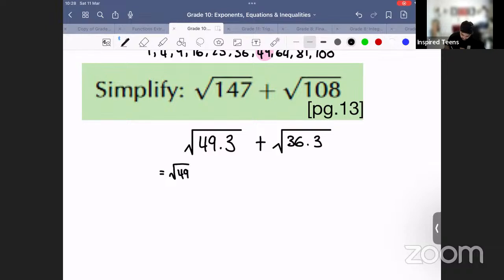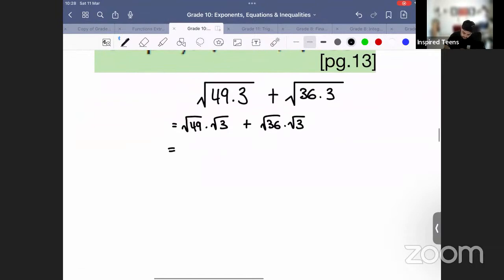It simplifies to square root 49 times square root 3 plus square root 36 times square root 3. So this becomes, because 49 simplifies to 7, 7 root 3 plus this simplifies to 6 root 3.